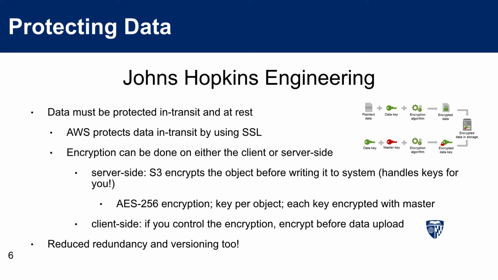So S3 uses AES 256-bit encryption, and every single object that gets written to the S3 file system, it uses a different key for encryption. So every single file that gets encrypted, or every single folder that gets encrypted, is going to use a different key.